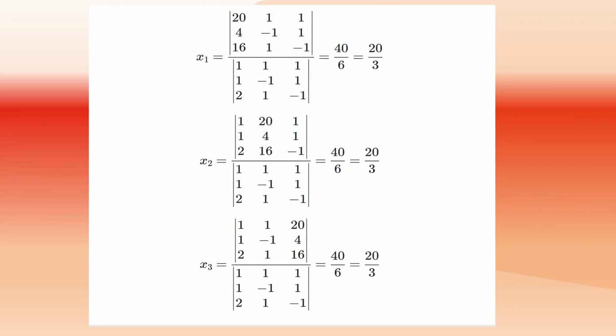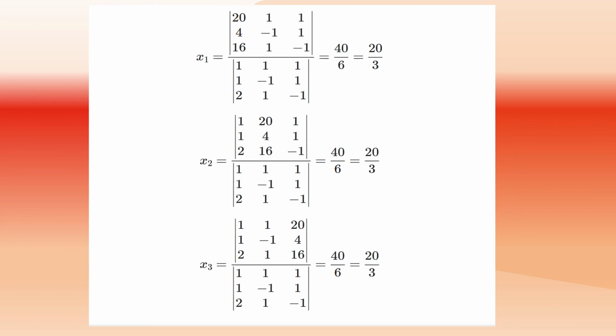And x3 is also determinant of A3 by determinant of A, which also gives us the same result, 40 by 6. So the values of x1, x2, x3 can also be obtained using Cramer's rule, where Cramer's rule involves only the determinants of the matrices.